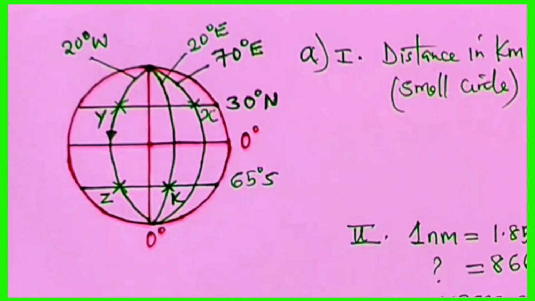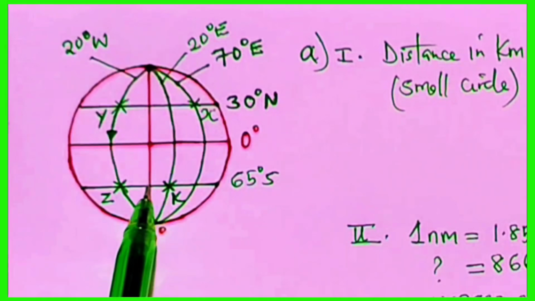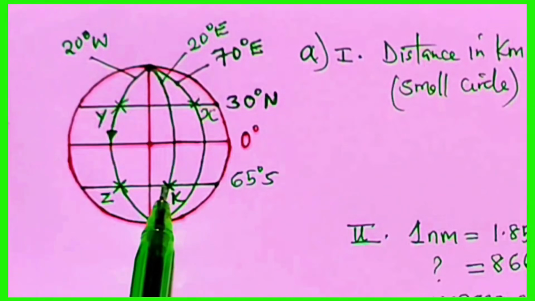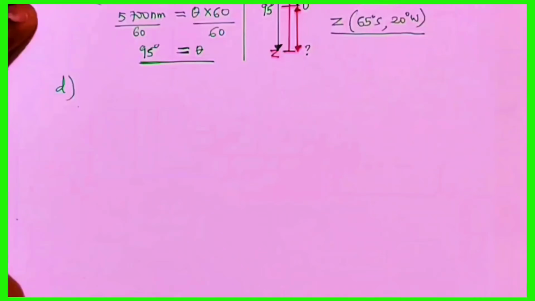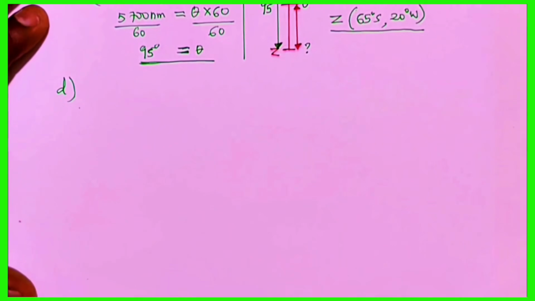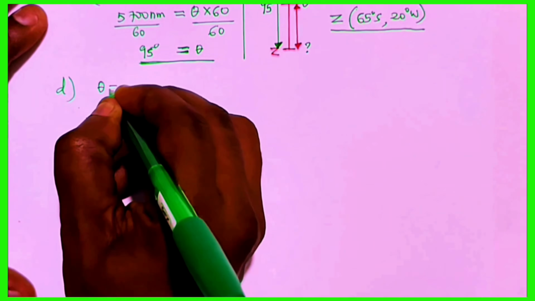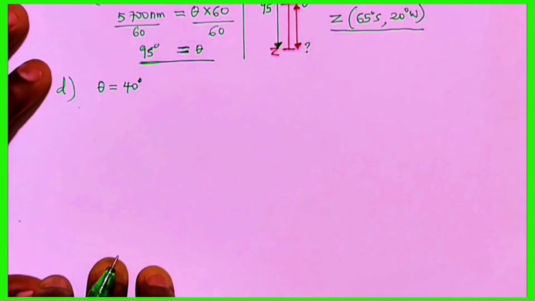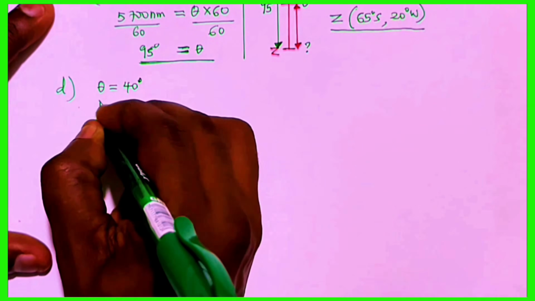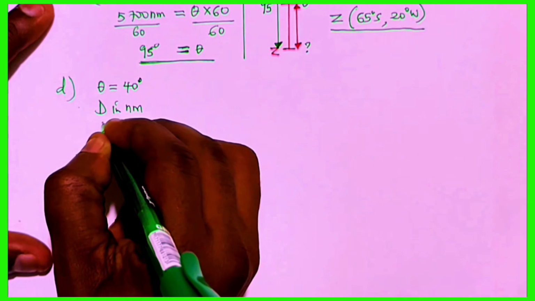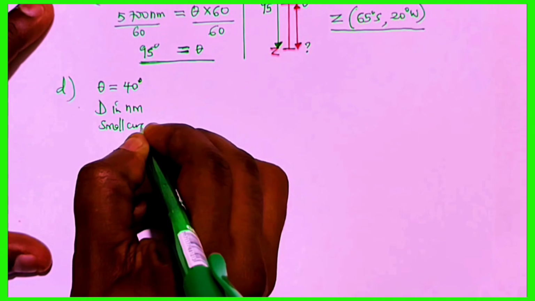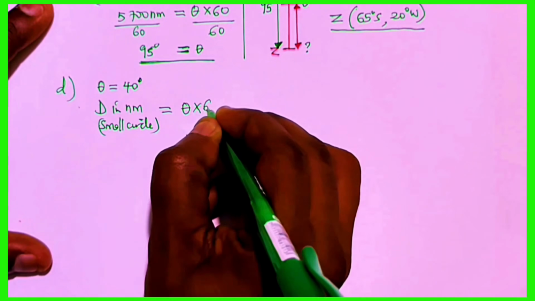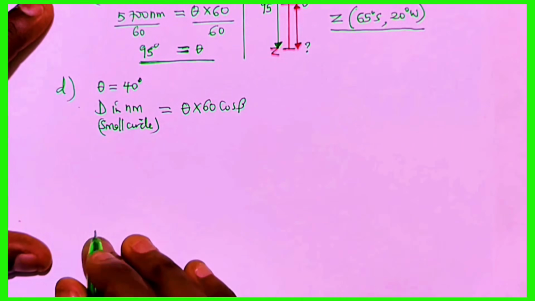And what is the value of theta? Theta will be equal to 20 degrees on the western side of Greenwich plus 20 degrees on the eastern side of Greenwich. So when we add 20 plus 20, we're going to get the value of theta to be equal to 40 degrees. And therefore, in considering the shortest distance, we are going to consider that distance in nautical miles along a small circle will be equal to theta multiplied by 60 cos beta.